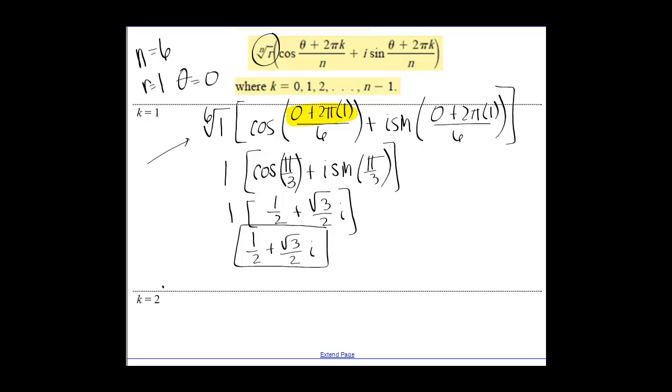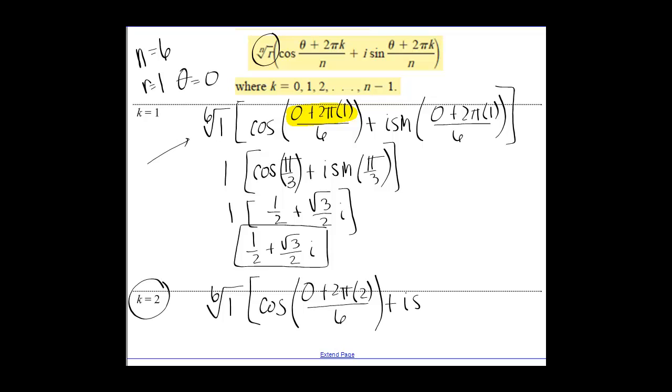For k equals 2, we still need the 6th root of 1 out front, so that number is going to stay constant. Open bracket, cosine of theta is still 0, plus 2 pi, k is now 2, all over 6, plus i sine, same argument.